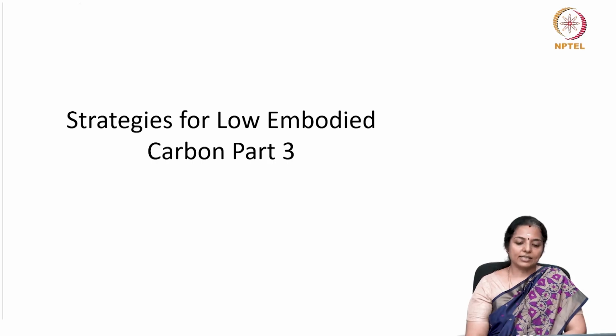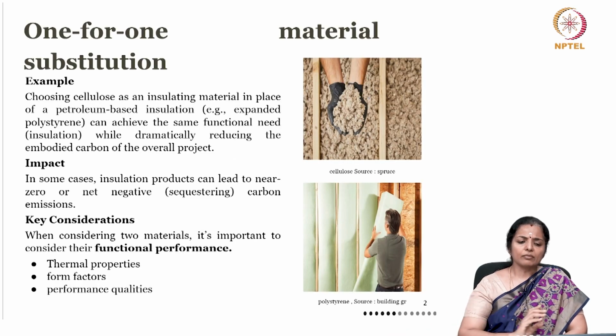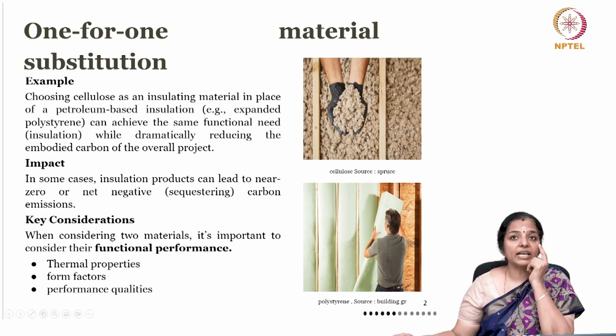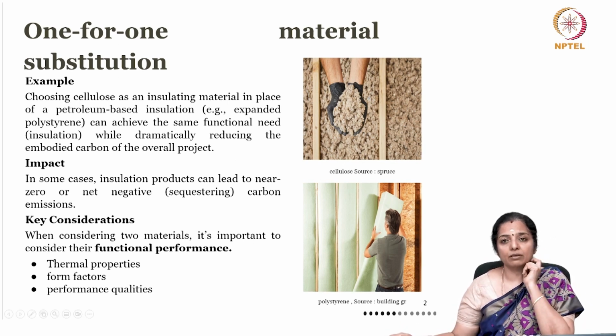So, last class we had seen some of the strategies for low embodied carbon, and we will continue with strategies for low embodied carbon even in this class. So, the next strategy is one for one material substitution.